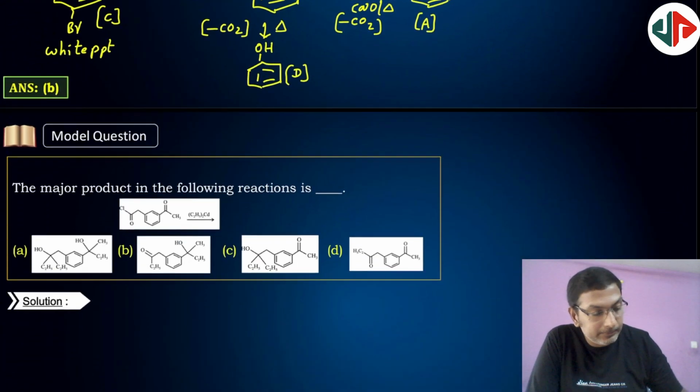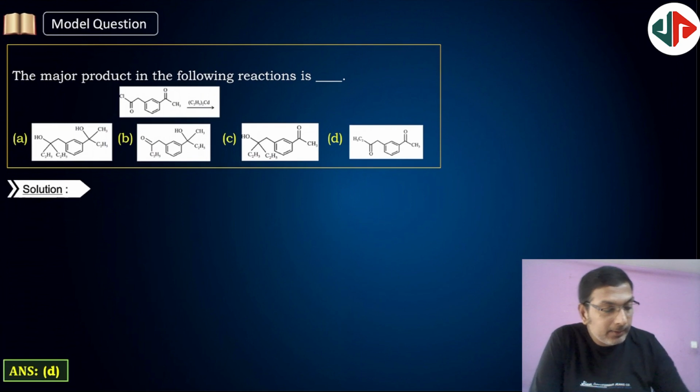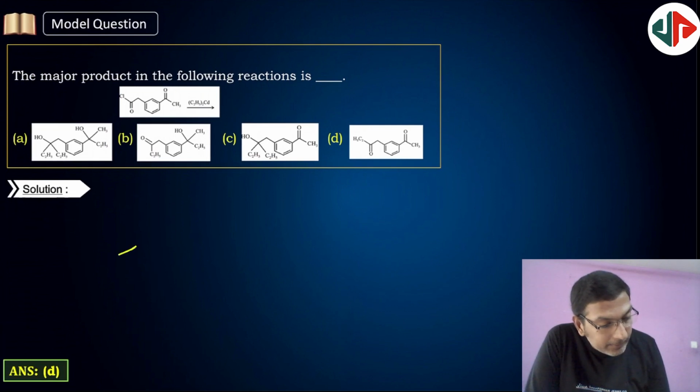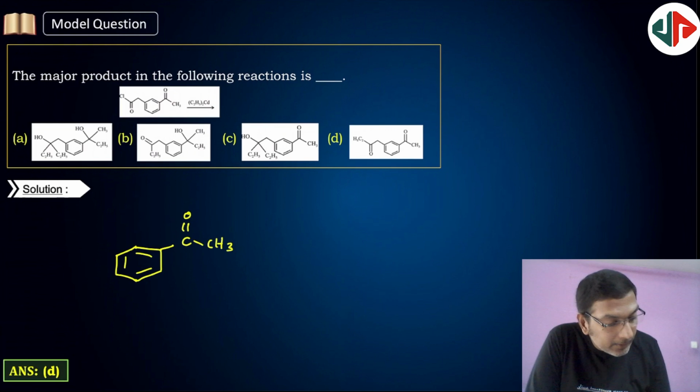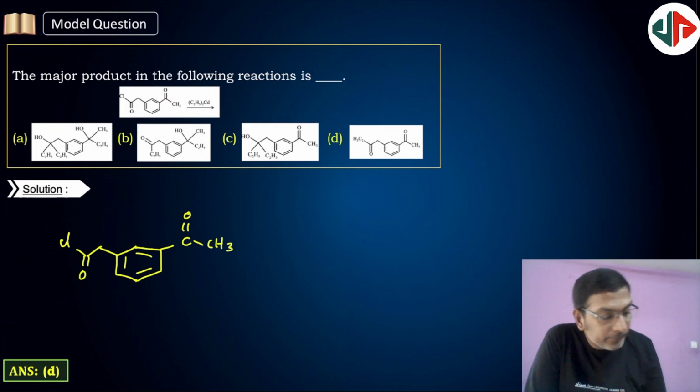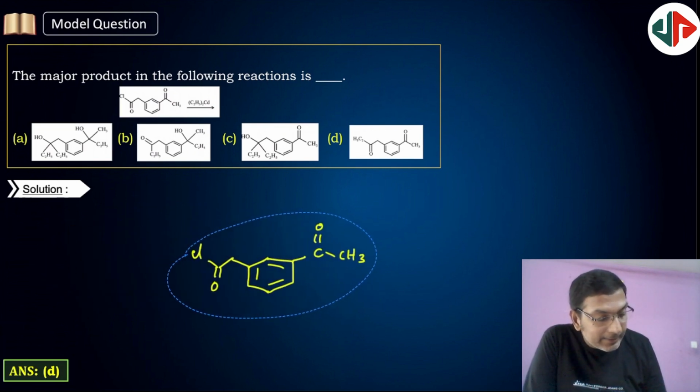Next. The major product in the following reaction is. The given compound has COCH3 here and COCl here, an acid chloride. I am taking the compound on the right hand side.